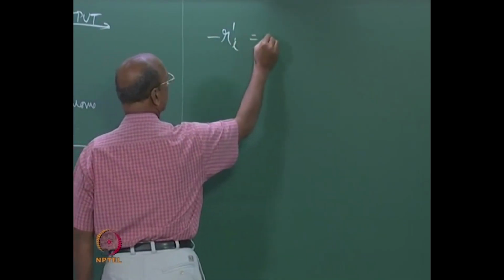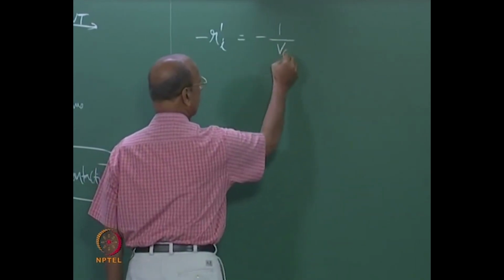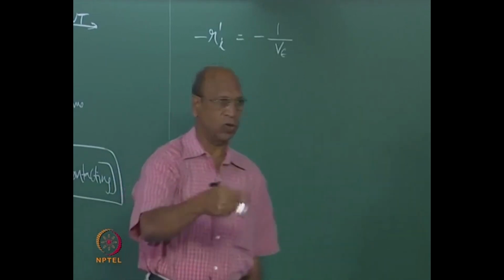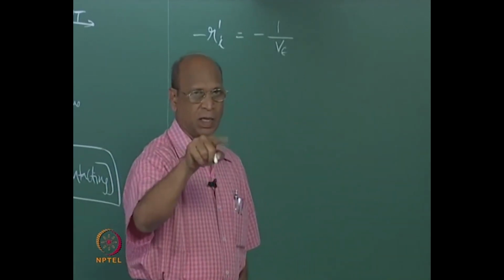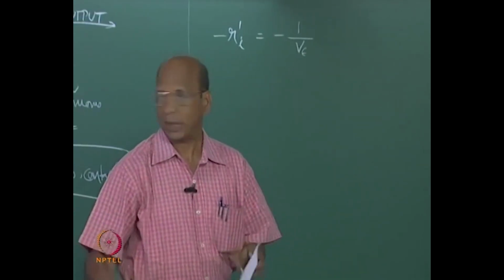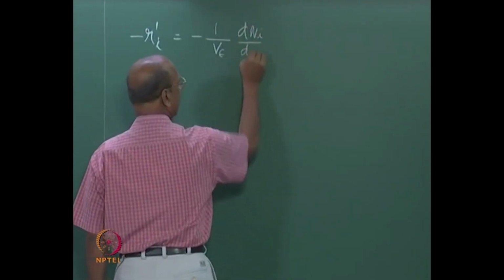This is equal to 1 minus epsilon, V epsilon, the voidage, correct? The first definition, R1 dashed, was based on the voids of the bed, the packed bed. So this is dNi by dt.